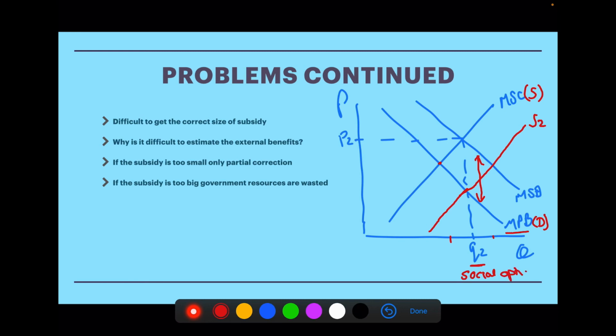And getting that exactly right is the difficult thing. And we could, for completeness, put on our price. So that would be the price. So we've got this issue with estimating a positive externality correctly and then giving the correct size of the subsidy so that it takes us exactly to Q2, which is quite difficult.